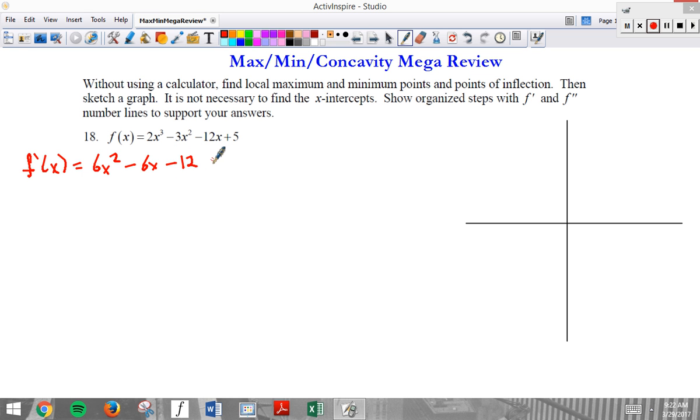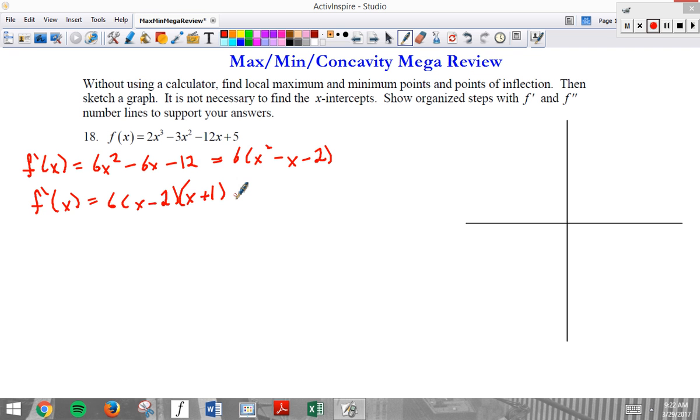And it's helpful to write this into its factored form, so I'm just going to go ahead and factor it. So I can also write f prime of x as 6 times (x minus 2) and (x plus 1).